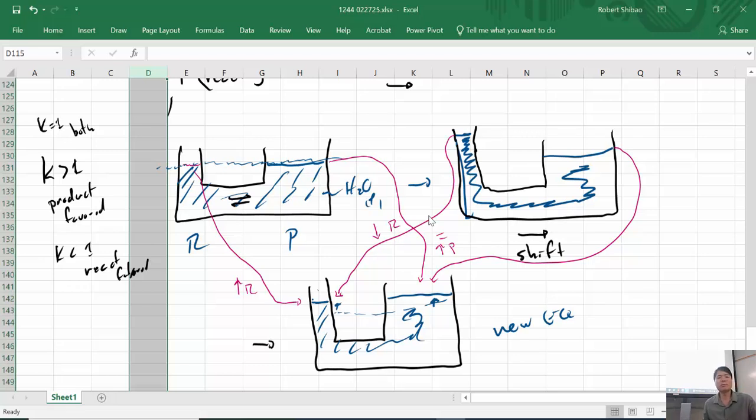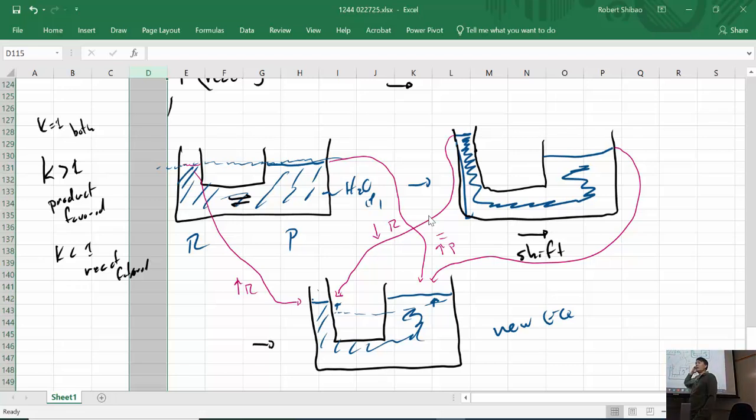So sometimes we have to predict that there's going to be a shift to the right, but sometimes we have to determine what happened to the reactant. And it depends on what your reference point is. If your reference point was the pre-perturbed equilibrium state, it's different than the post-perturbed state here.